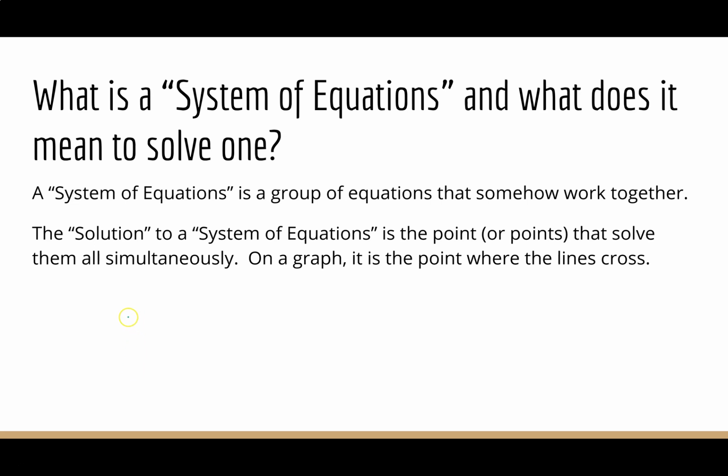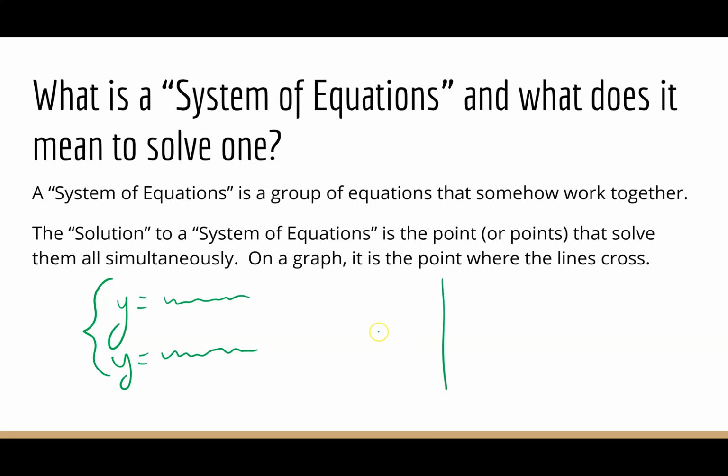So let's say we have some equation, y equals blah, blah, and another equation, y equals blah, blah. Oftentimes, you'll have a system like this connected with a little squiggly bracket, sometimes, just to kind of tell you that it is a system. A system can have thousands of equations, thousands of variables. For the most part, we're just going to have 2 equations, and they are linear, so x, y.